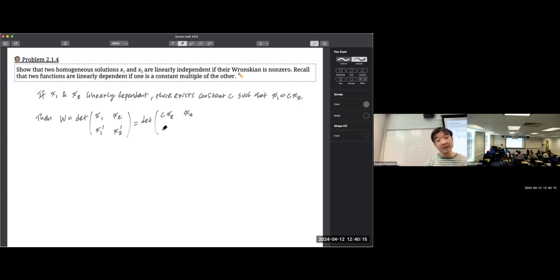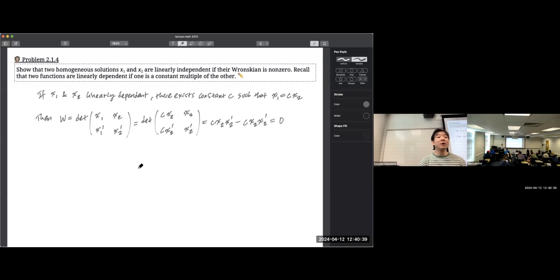What's the derivative of this? C is a constant, so it'll be c x2 prime. What's the determinant of this? The determinant of this is c times x2 times x2 prime minus this right here, which is exactly the same thing. And so this is equal to 0.